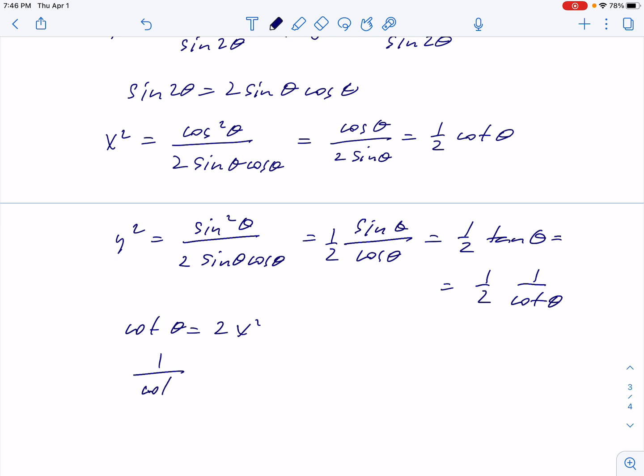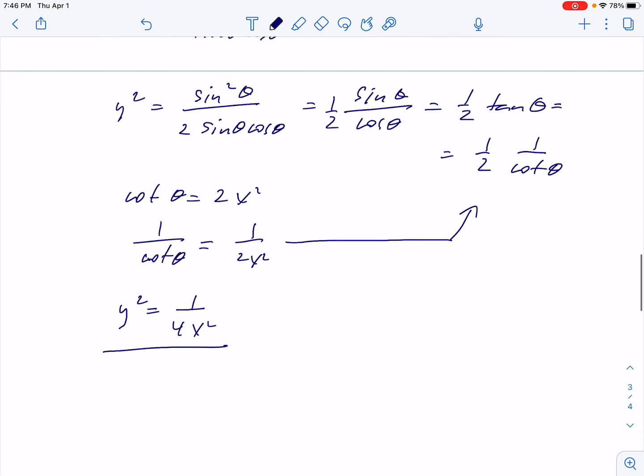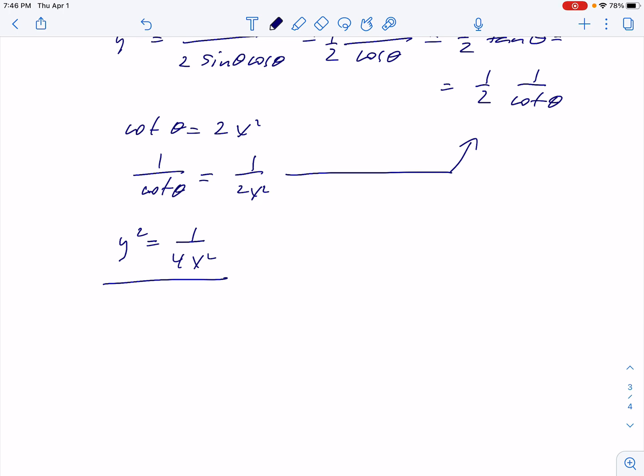So 1 over cotangent theta is 1 over 2x squared, which we can put right here. And we come to the equation y squared equals 1 over 4x squared. Okay. Here we can take square roots of both sides and write y equals plus minus 1 over 2x. We have two hyperbolas coming from here.